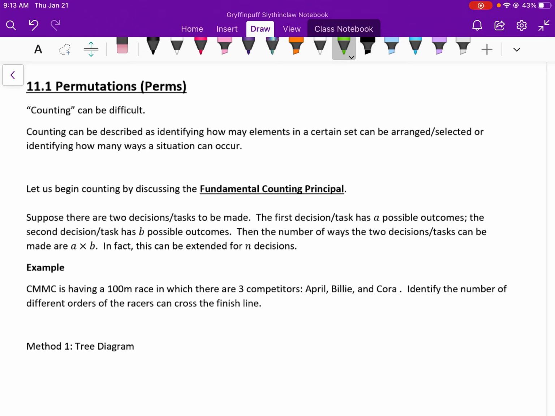Suppose that there are two decisions or tasks to be made. The first decision or task has A possible outcomes, and the second decision or task has B possible outcomes.